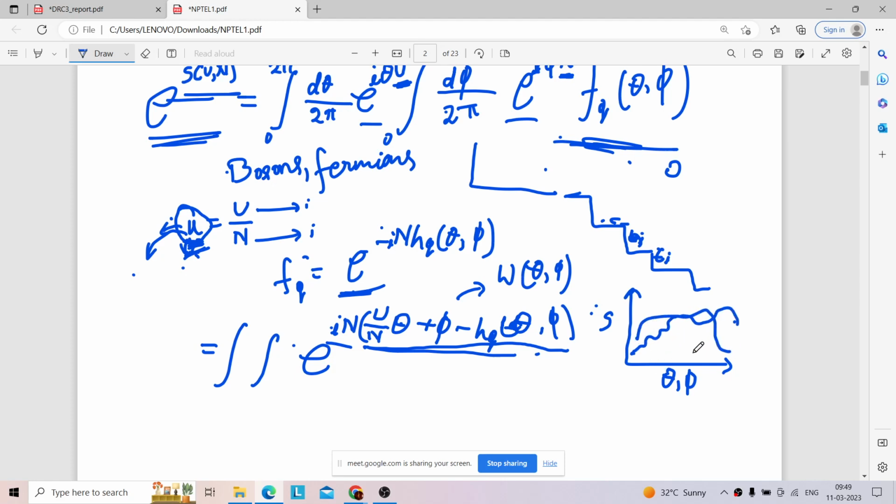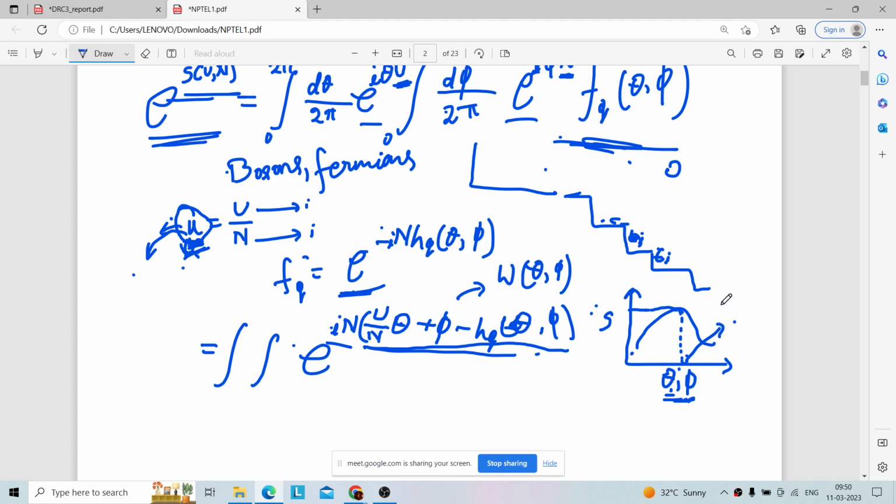But at some point of theta and phi, some function like this, let's assume. So at some point we will get some maximum value of entropy. So we need to find that point in that space in theta and phi, then we will rename those variables. So let's name this maximum saddle.